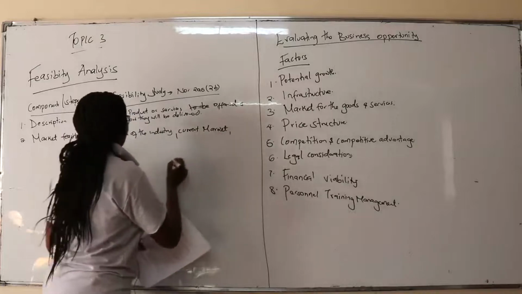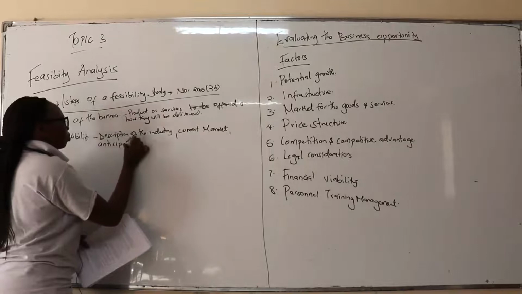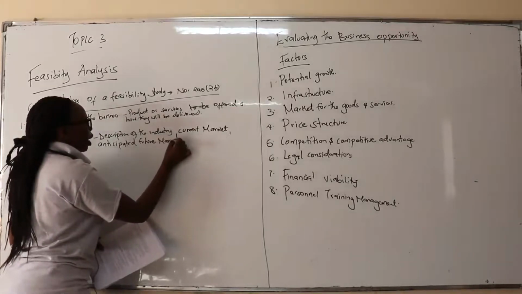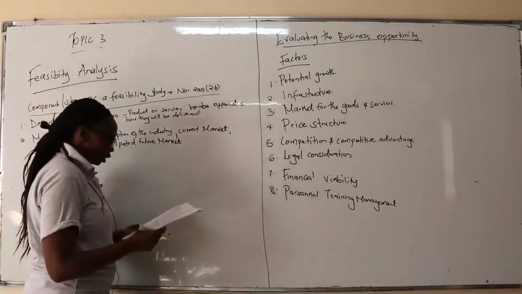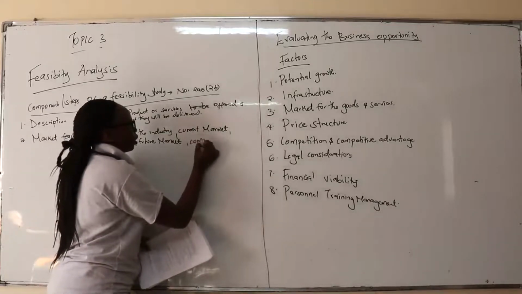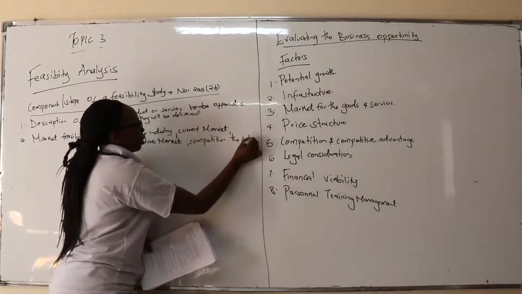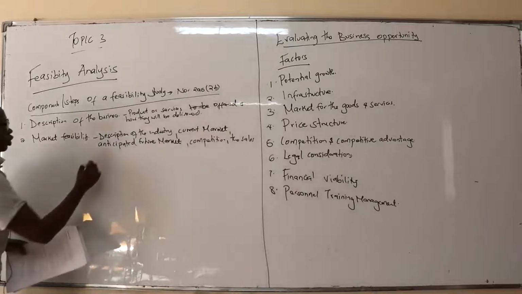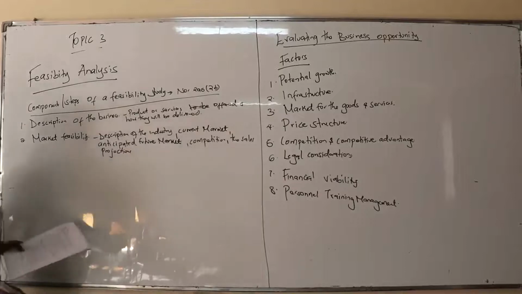Another one is the anticipated future market. This is where you are planning to penetrate or take your products in the future. And also, you'll have to state the competition and the sales projections, among others, in the market feasibility. Yes, that is the second step.